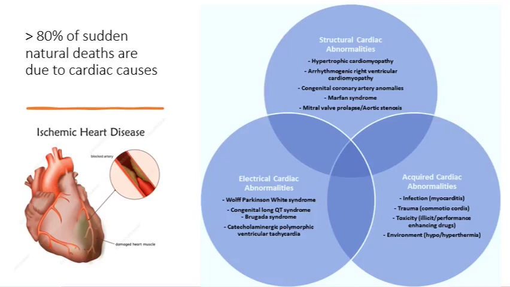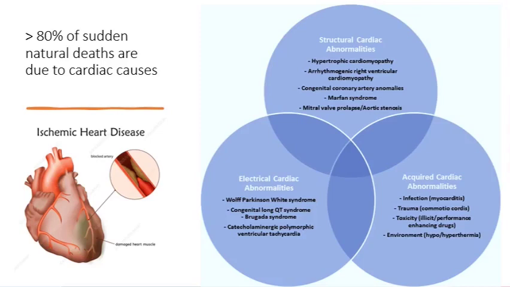Then you have another particular subset of cardiac conditions called the channelopathies. By channelopathies, what we mean is that for proper cardiac function, there are also the electrical discharges that happen, the cardiac conduction system that is essential for proper heartbeat.